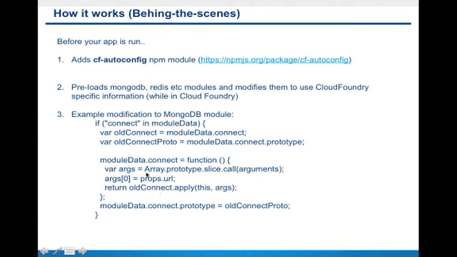The code looks something like this for MongoDB. And once it is done, it actually runs your Cloud Foundry app. And when your application starts and wants to connect, because it has already manipulated the connection libraries, your application will automatically work without having to worry about all those configuration details.